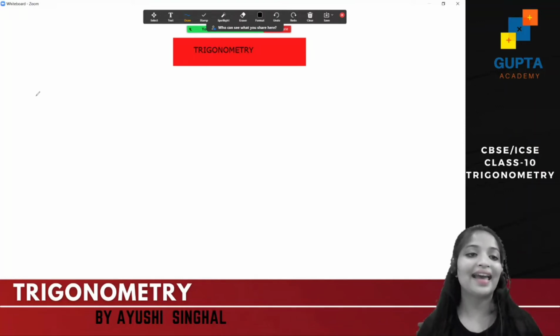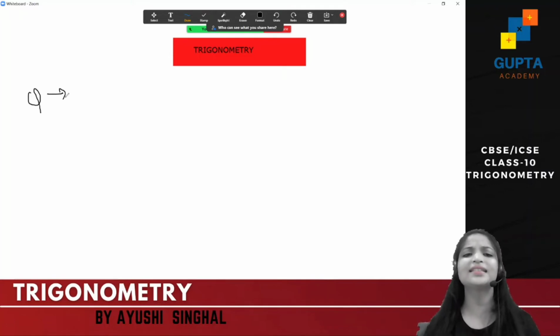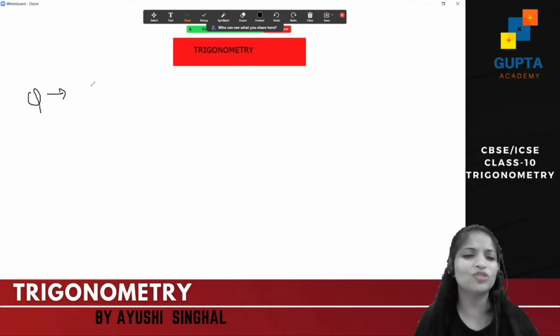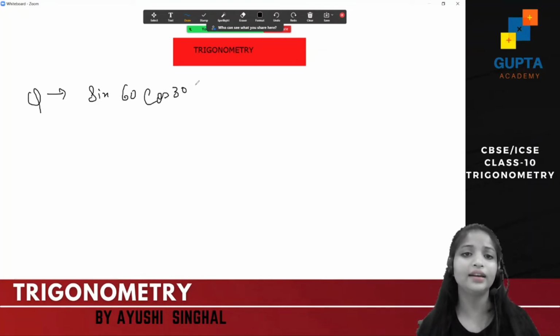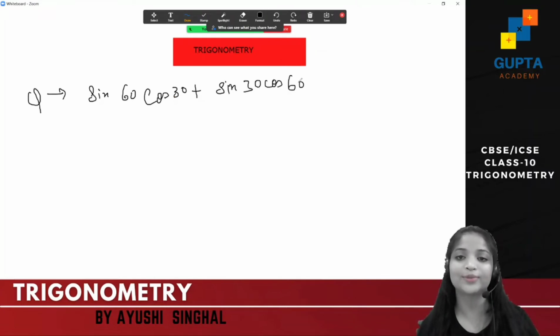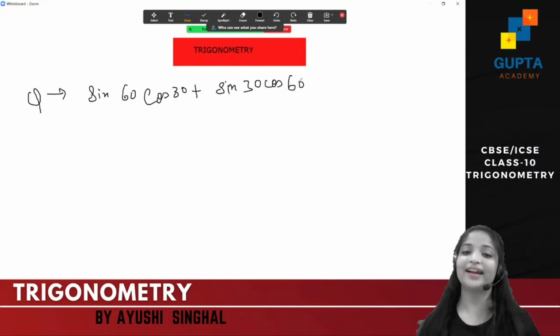So we are solving some questions. Our first question, I'll take a very simple question. You need to just find the value of sine 60 into cos 30 plus sine 30 into cos 60. So just write the table and you can directly see the value.